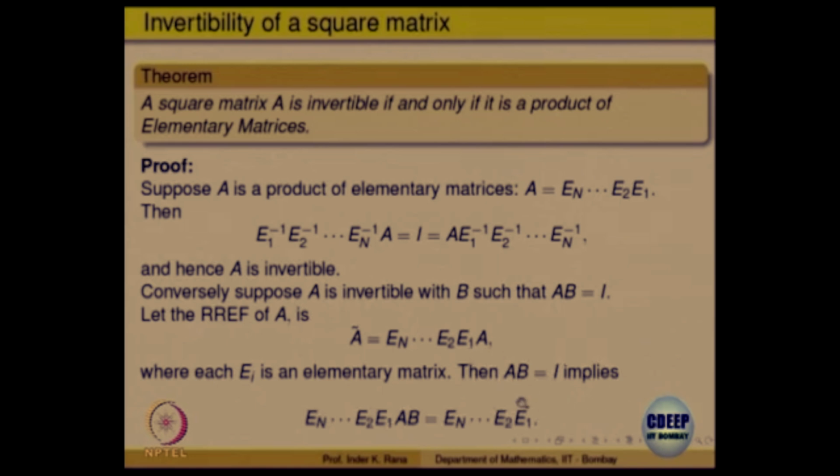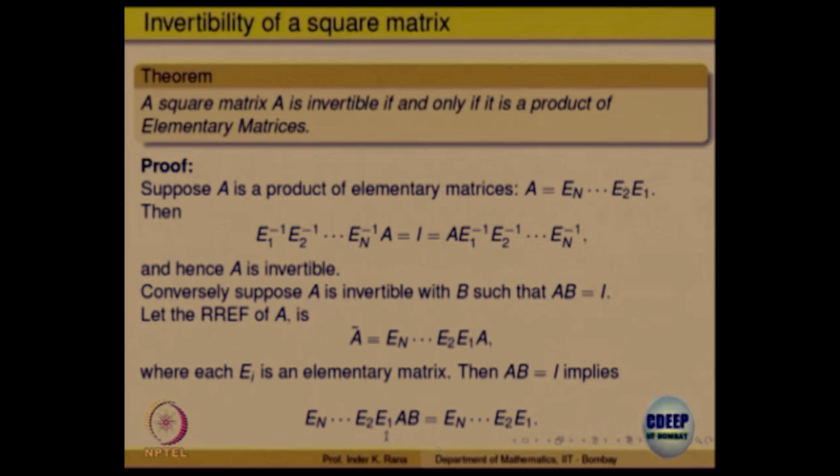Now when AB is equal to identity, what does this give you? AB is identity, so if I multiply by some matrix, I will get the same matrix, right? So I get this equation: these are the elementary row operations that we have been doing to get A tilde, and those row operations multiplied by AB is equal to the product of those elementary matrices. Is that okay? By using the fact A into B is identity.